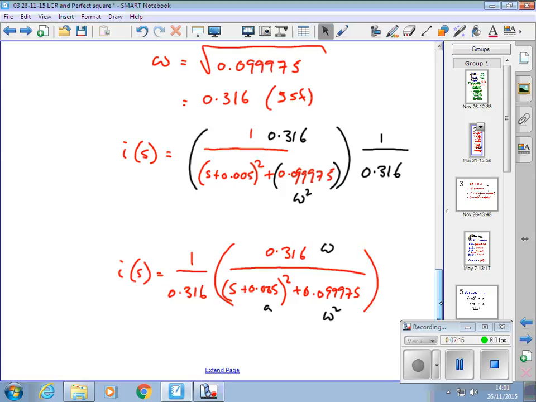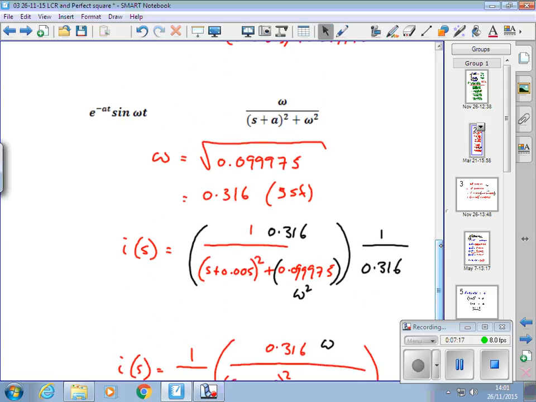And I can go back to this, and now I can do my transform. I can now say that IT, the current, is this, and I can plug in my values for A and omega.